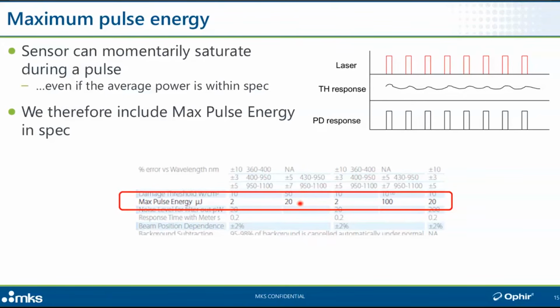So this way the user knows, I have a beam whose average power is 100 milliwatts, and this beam consists of pulses coming in at 1 hertz. That means each pulse has an energy of 100 millijoules. This isn't the right sensor to use. Let me look for the right sensor. So we include that in our spec, just as a sanity check, as a heads up kind of thing.